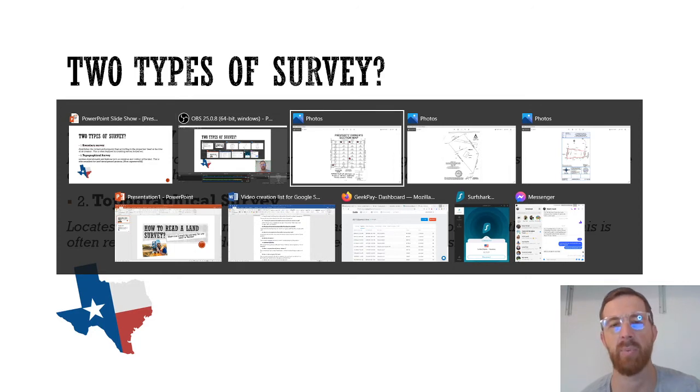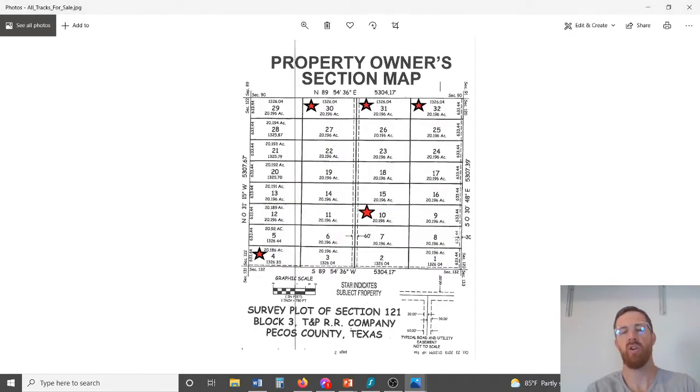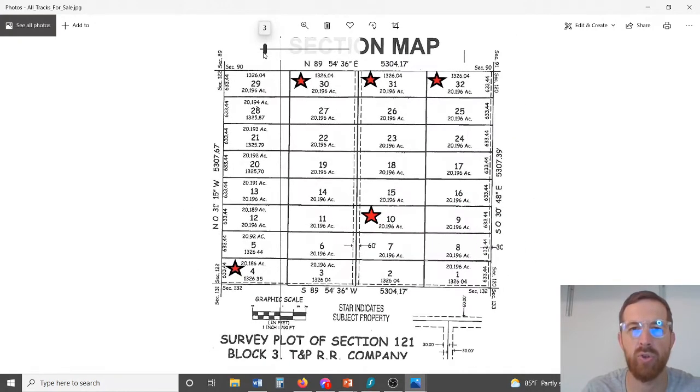So let's take a look at a couple of surveys. The first survey I'm showing you is a plat of survey for a larger section of land. This is a one-mile section.